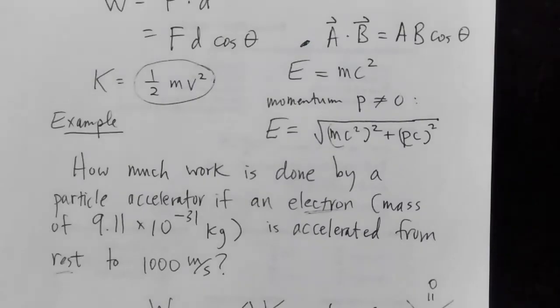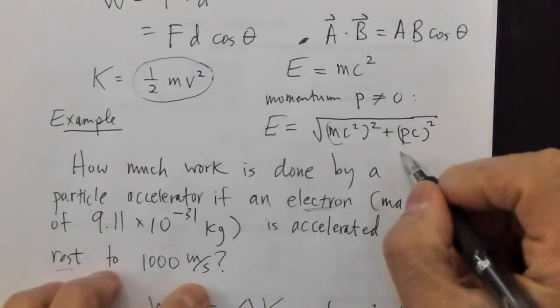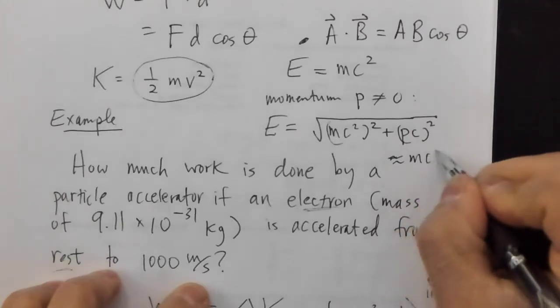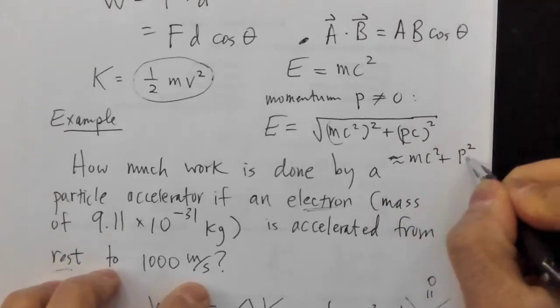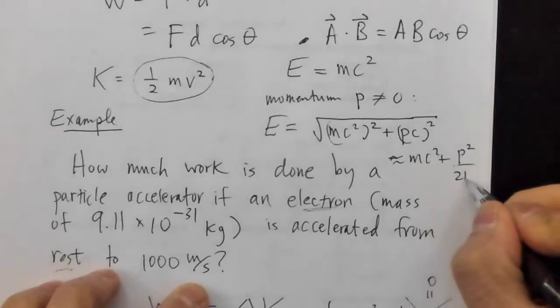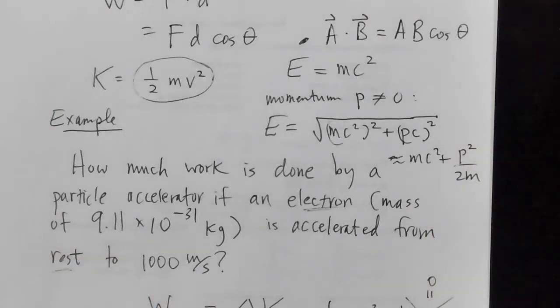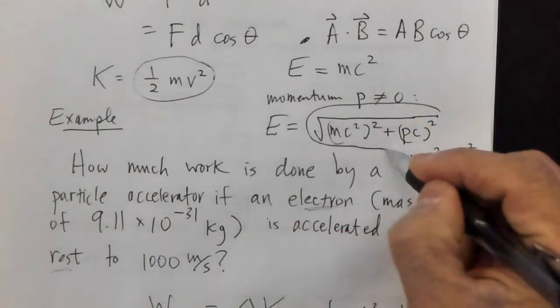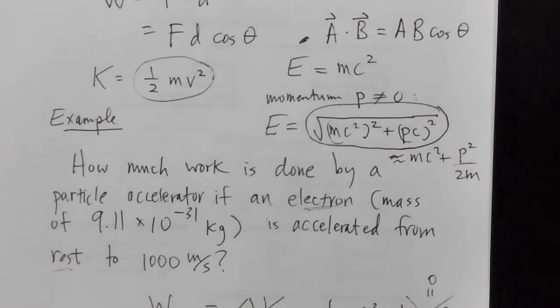And if you expand this out for small p, you can do a little exercise in calculus, you end up getting approximately mc squared plus a correction, p squared over 2m. Then you plug in p equals m times v, and you get 1/2 m v squared. So if you really want to know where this kinetic energy formula comes from, this is the real formula. This is how it really works.